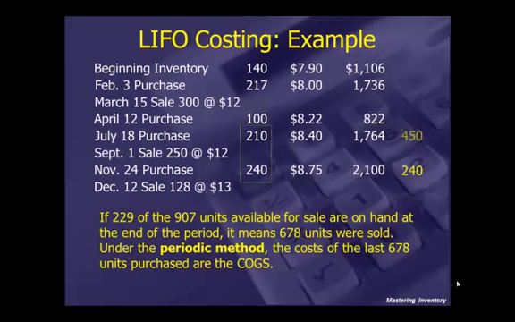So, looking at that, we're going to start from the bottom, the 240 from the November 24th purchase, the 210 from the July 18th, and that adds up to 450. We still need more. We need 100, that's 550. We need 128 from the February 3rd purchase, 678. So those are the units that are considered to have been sold under LIFO.